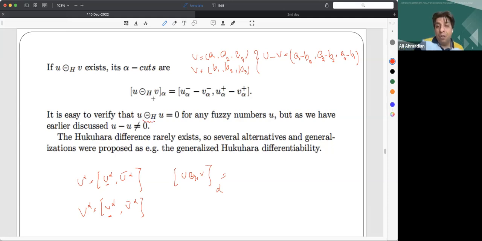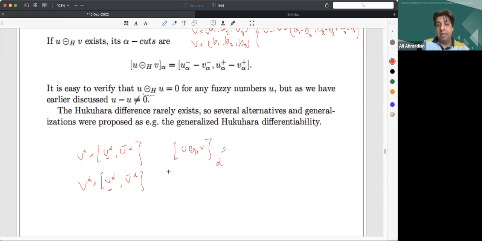And now you can easily verify using this notation that u Hukuhara difference u is equal to 0. You can see that I consider an alpha cut, u Hukuhara u, sorry for my handwriting.